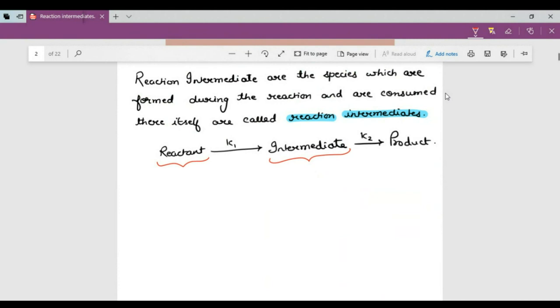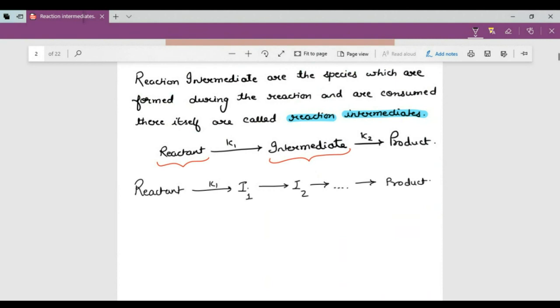In a multi-step reaction, there is always a possibility that starting with reactant, first there could be intermediate 1, it may convert to intermediate 2, and so on, and finally we get a product.